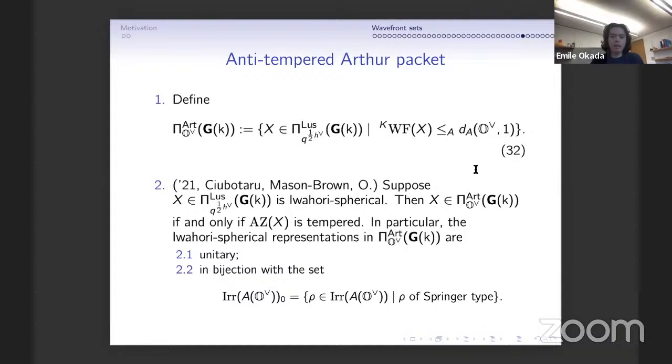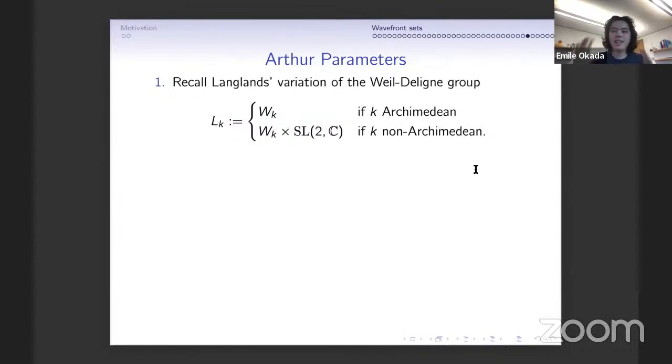So that defines a packet. Let me first put it in the context of Arthur's conjectures, and give you the Arthur parameters which should parameterize this packet. Quickly recall the Langlands dual of the Weil group.